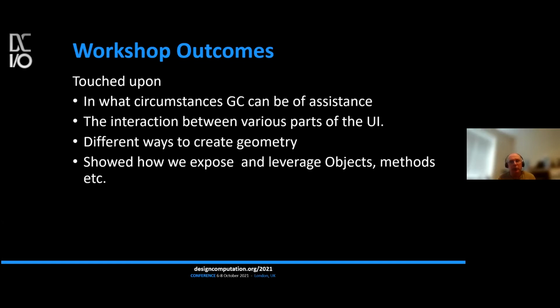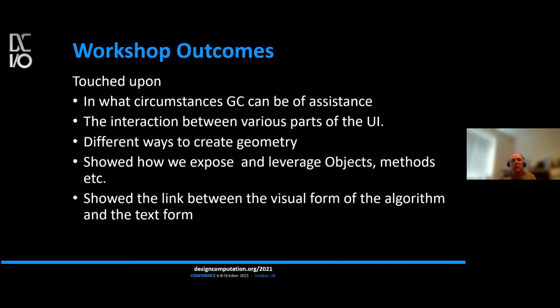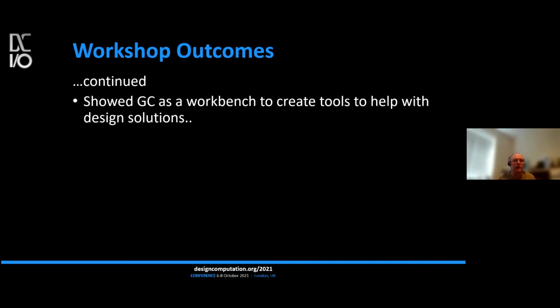There are some very simple techniques in the UI, to obviously then moving on to areas where you might want to do a deeper dive into that and look at scripting. But what we try to do is show the linkages and the interactions and the bidirectional aspects of working with a graph, working with text files, working with standard inputs, that kind of thing. So we see GC as a workbench to create tools to help with the design solutions.